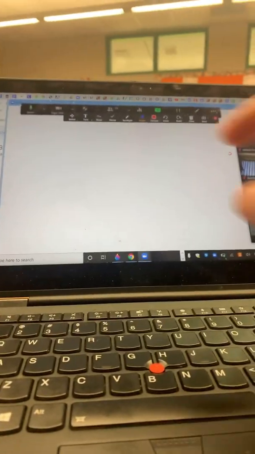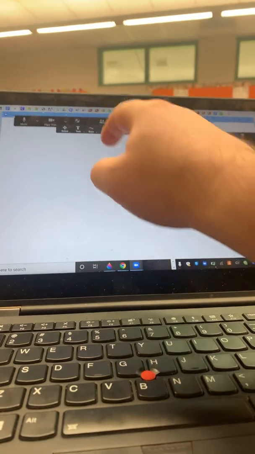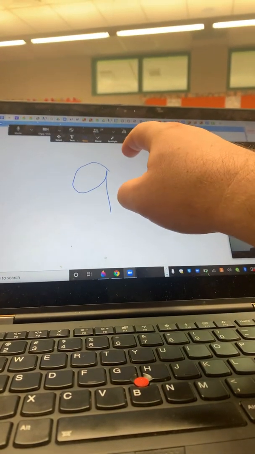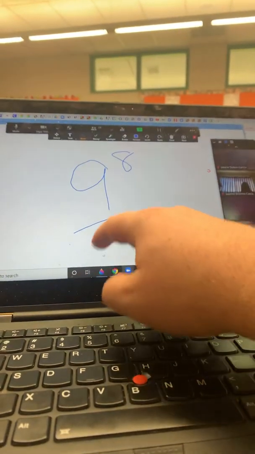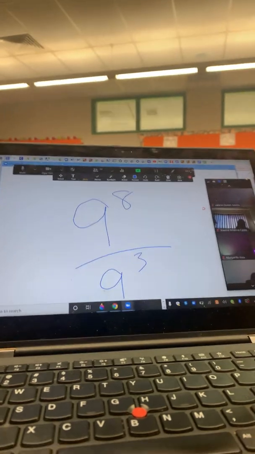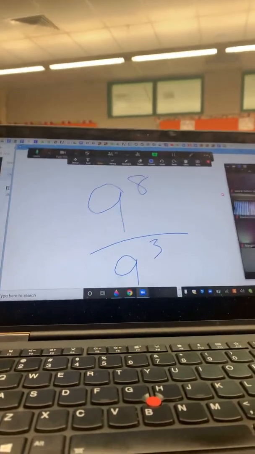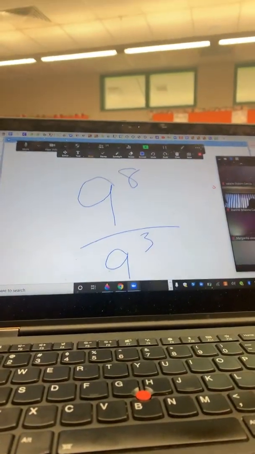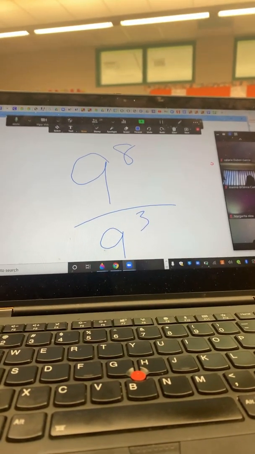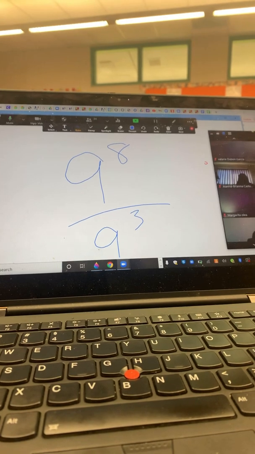Now let's look at 9 to the... Okay, so in division, just like multiplication, whenever we have 2 powers, what is the first thing that we need to look at and identify?